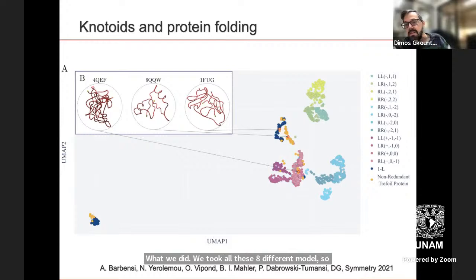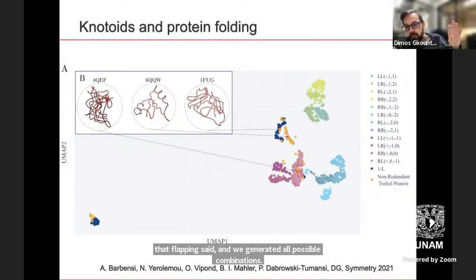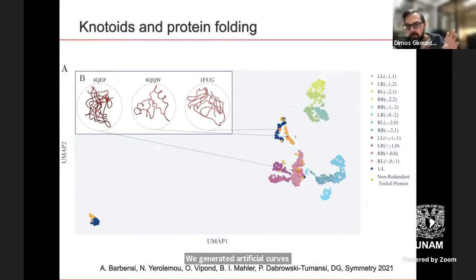We generated artificial curves with this, random curves, a large number of curves. And then we analyzed the knotoid pattern for each one of those. And then we took all trefoil knotted proteins and we mapped them together. And we tried to see how they cluster together.